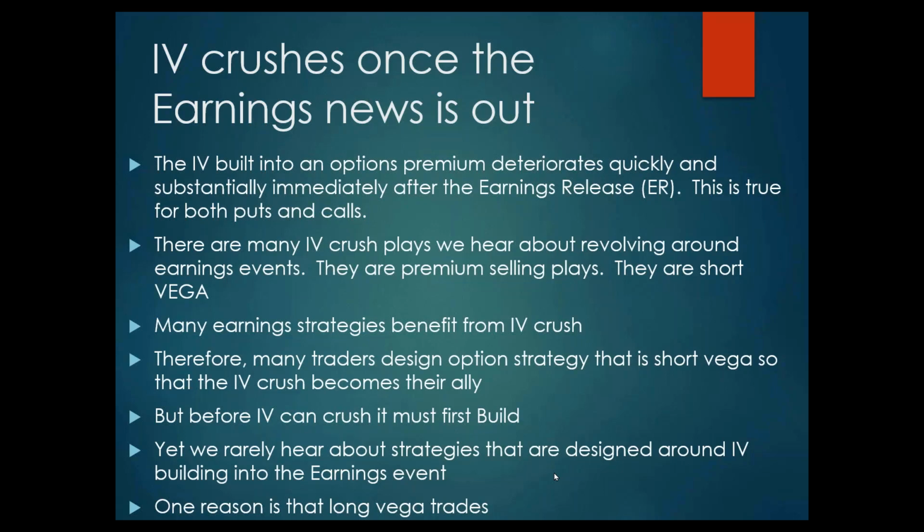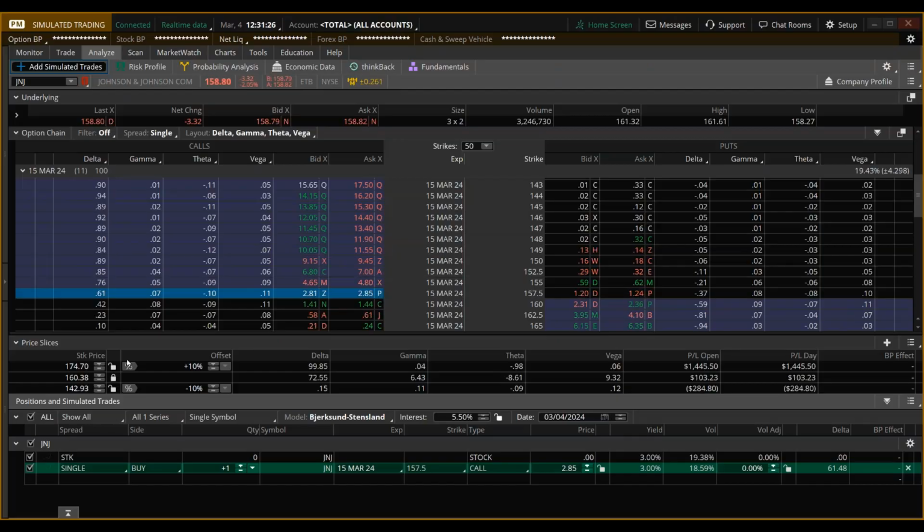Dan asks, how far in advance of earnings does IV start to build? Well, have you ever seen a theta curve, Dan, where theta increases as you approach the expiration date of the option? If you are long an option, and this option expires March 15th, 11 days from now, it currently has a theta of 10.